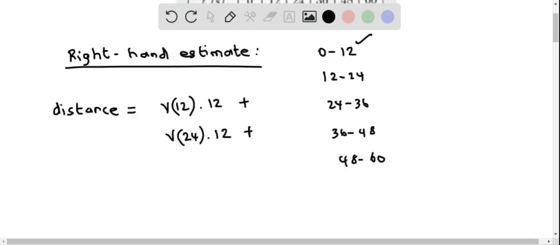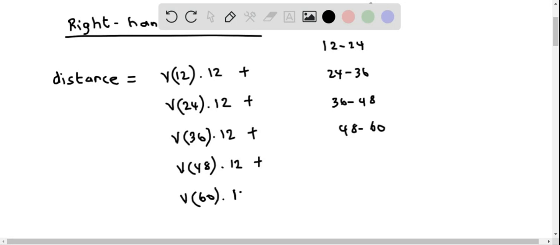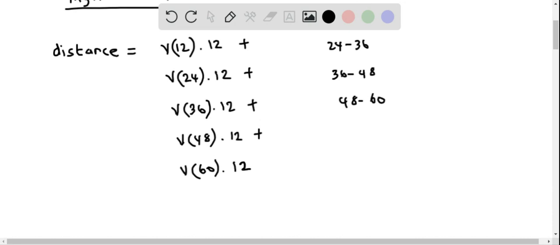So likewise, we'll write for the next three intervals. This will be v of 36 times 12 plus v of 48 times 12 plus, for the last rectangle, v of 60 times 12. Once again, we can factor out the 12, which we have in all the terms.